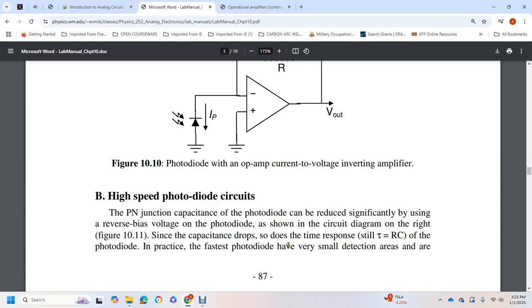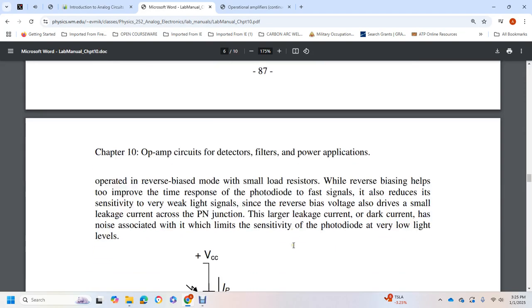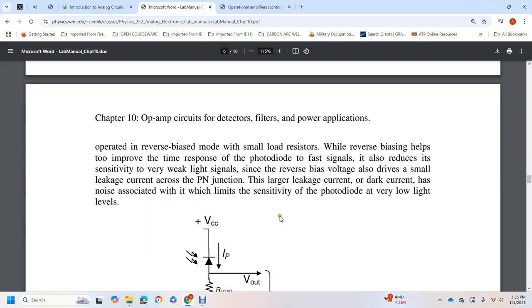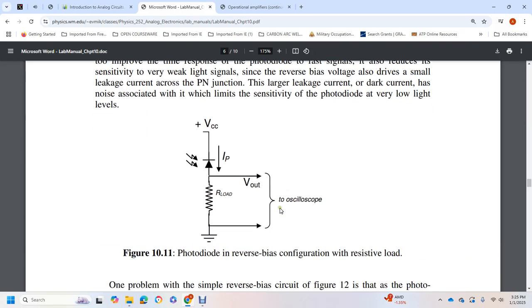In practice, the fastest diodes, which have very small detection areas, are operated with reverse bias and a small load resistor. The reverse bias helps to improve the time response of the photodiode to the fastest signals, with a reduced sensitivity to very weak signals. But reverse bias voltage also drives a small leakage current across the positive negative junction, and large direct current leakage has noise associated with it, limiting the sensitivity of the photodiode at very low light levels.